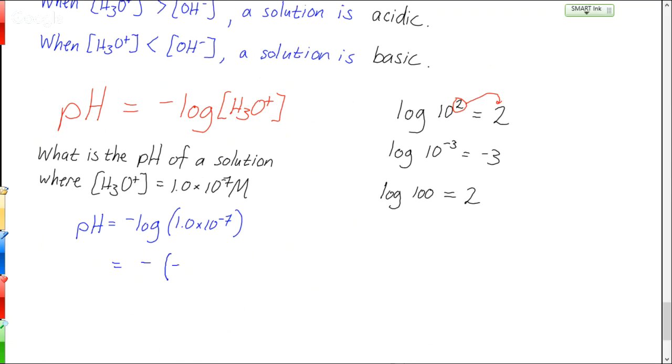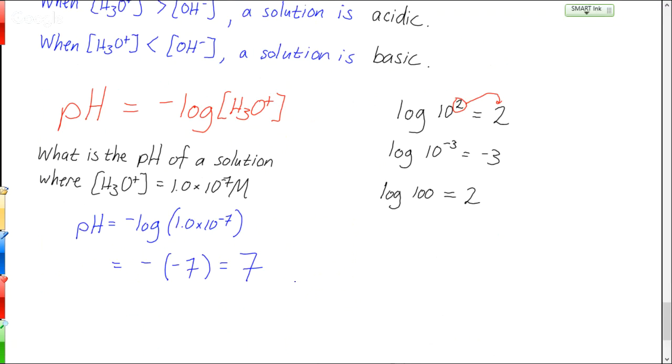So that would be negative of negative 7, which is 7. So that's where that negative comes from in that expression. You take the log, you get the exponent, you flip the sign, and you got a positive number. So our pH scale can be small positive numbers instead of these big, weird exponent numbers, scientific notation numbers. All right, so the pH is 7.